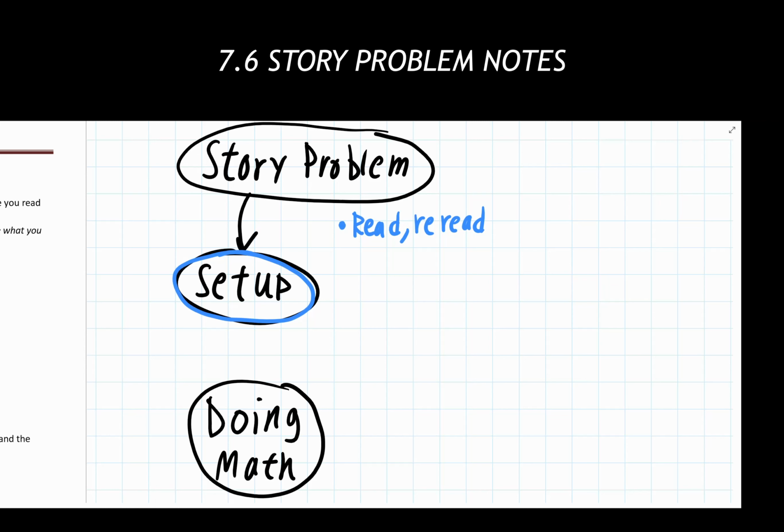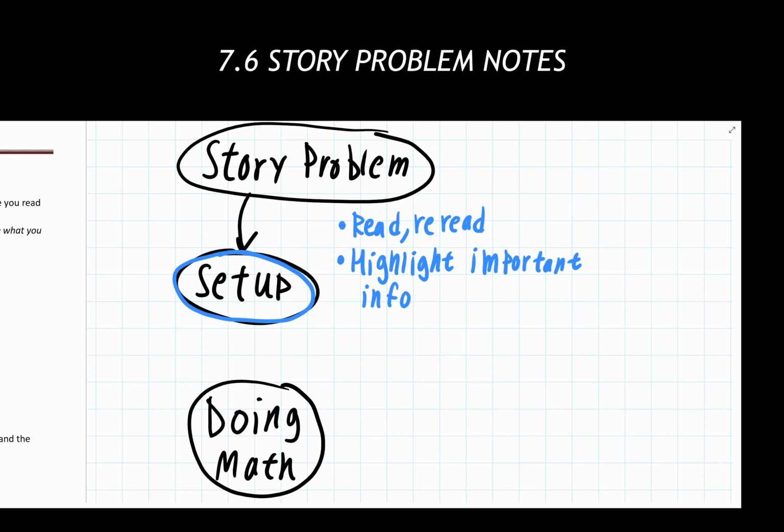First one I would say is read and reread. This means if you're given a paragraph of stuff, or just a single sentence of stuff, read the problem as many times as you need to. Another one I would say is highlight important information. Highlighting can be any number of things.